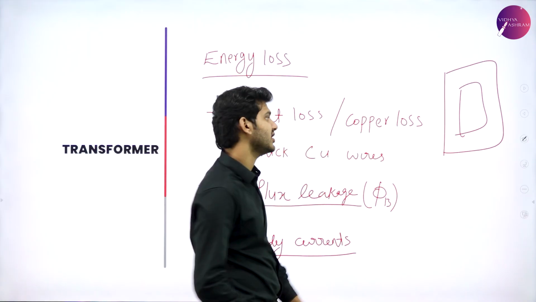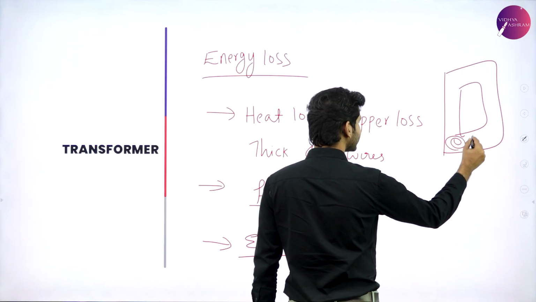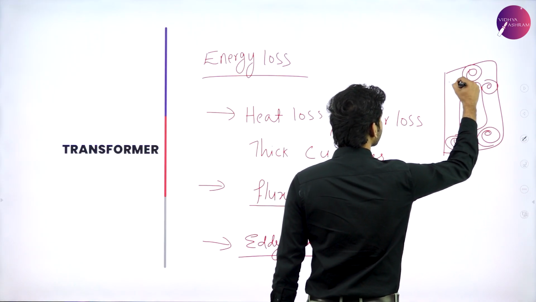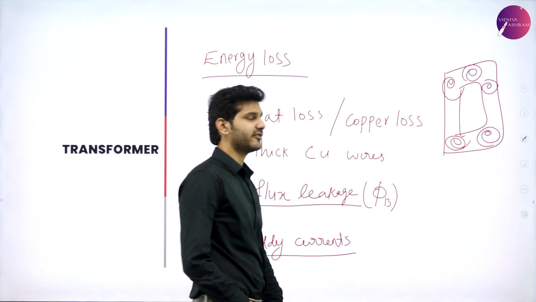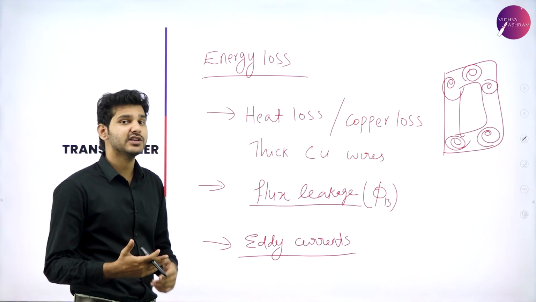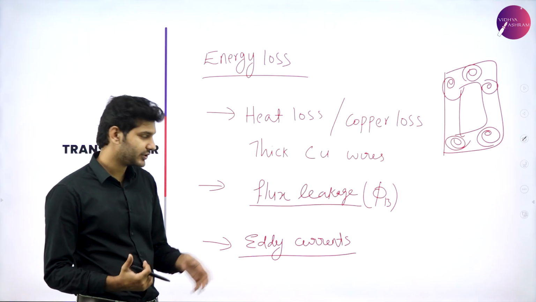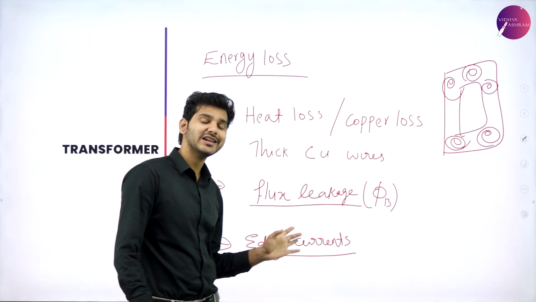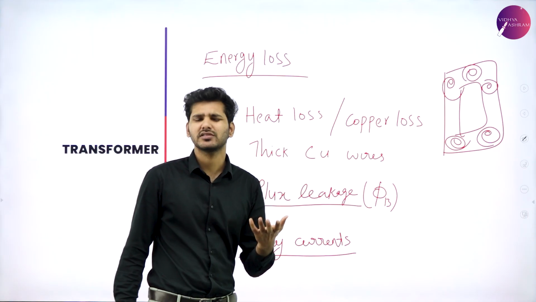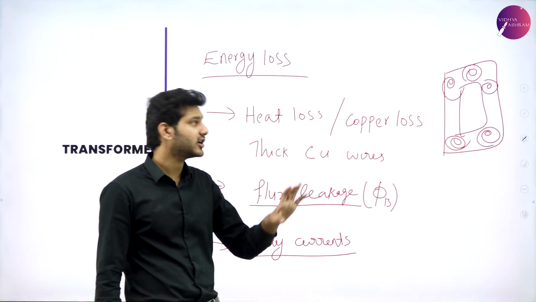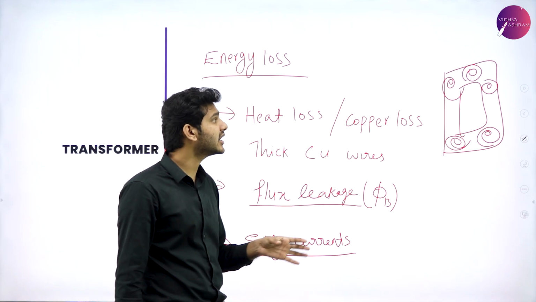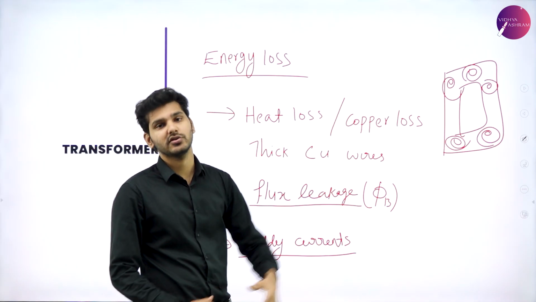Induced EMF will produce small current eddies in the soft iron core material, and these will try to oppose the voltage being generated in the secondary coil. So that is eddy currents. We can reduce this by using laminated core material, or simply by laminating the soft iron core, making it into thin sheets, in order to reduce eddy current loss.